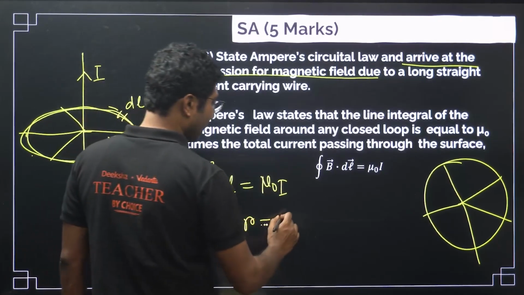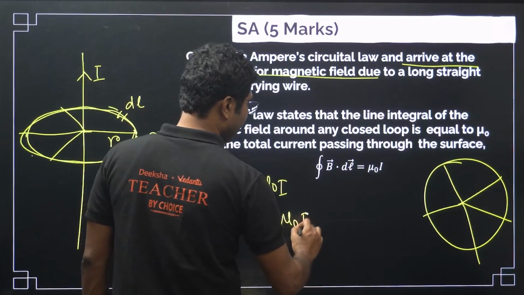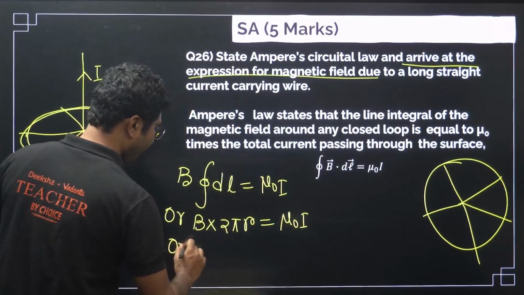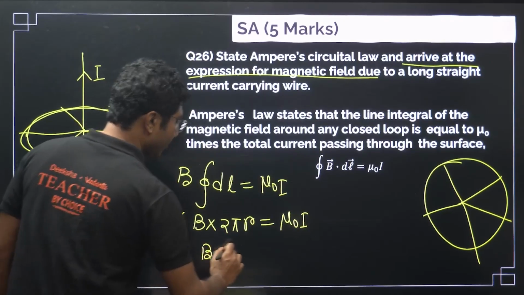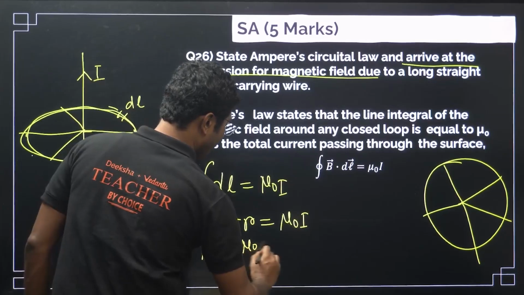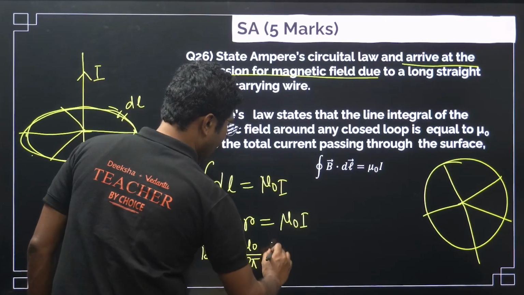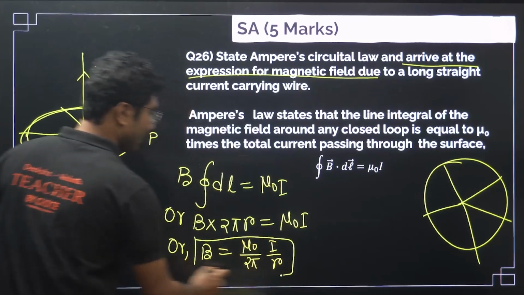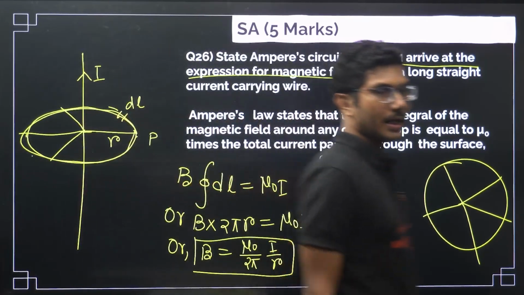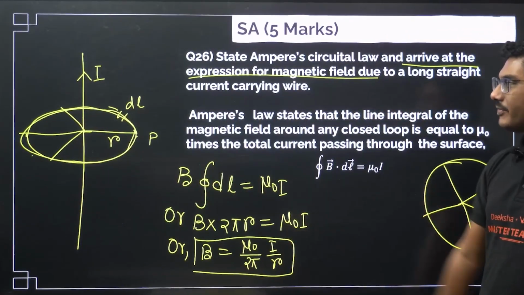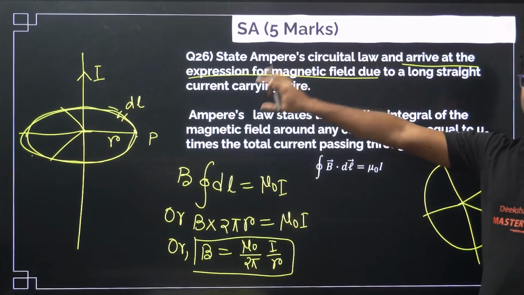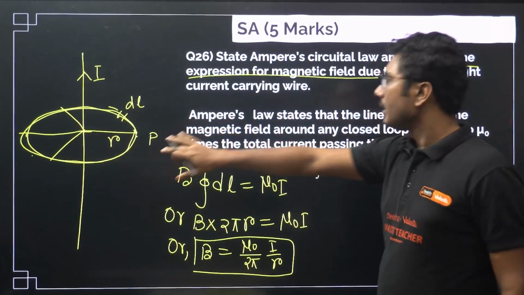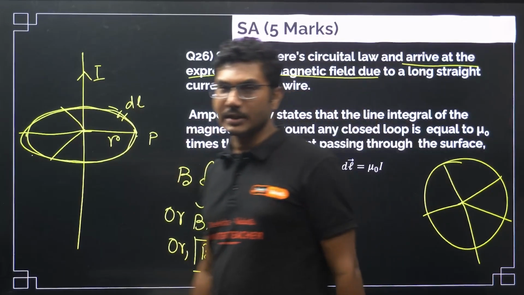So, from here we can write B equals mu naught I by 2 pi r. This is the expression for magnetic field due to a straight current carrying wire. Very simple, easy derivation, some textual description required, and this is obviously a textual answer.